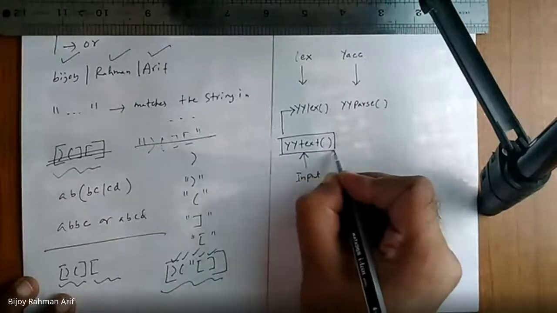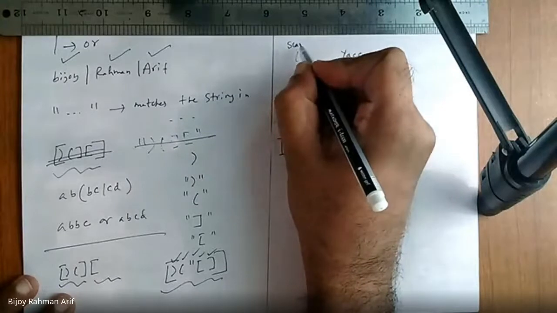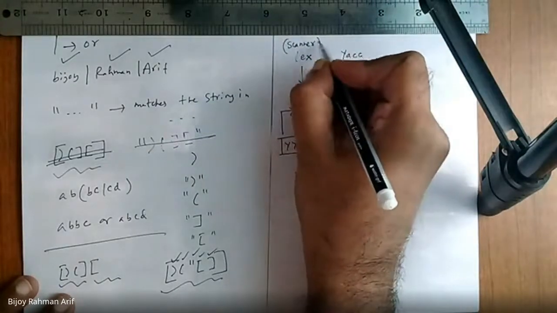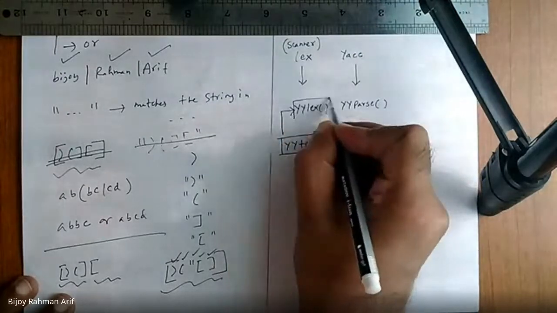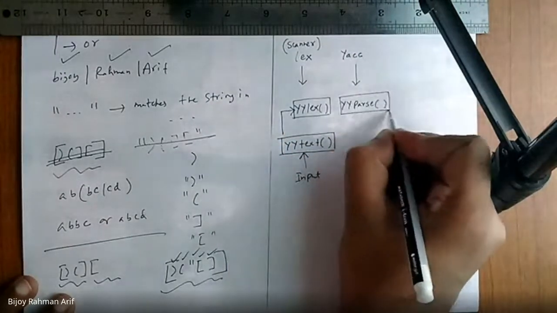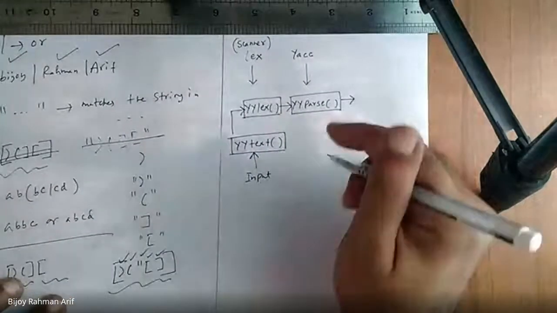After the scanner, or scanning part, yylex passes it to yyparse, and finally you get the output. So this is the movement happening here. This is the ultimate output.